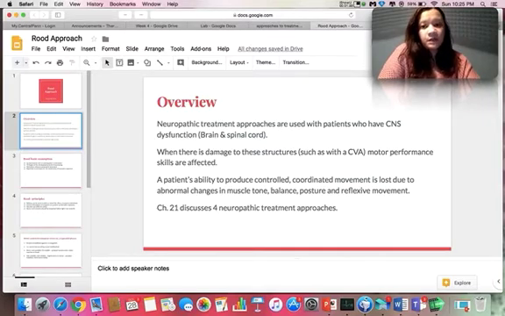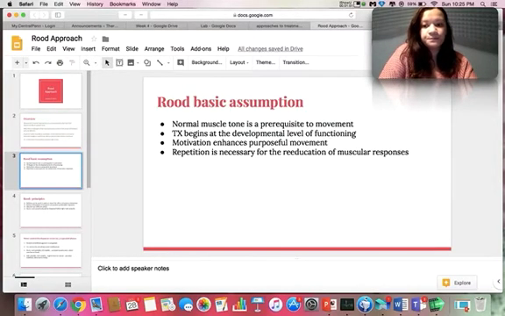Chapter 21 is a pretty heavy chapter, and it discusses four different neuropathic treatment approaches. Again, today we're going to be covering Rood. Margaret Rood was both a PT and an OT, so she was very accomplished.